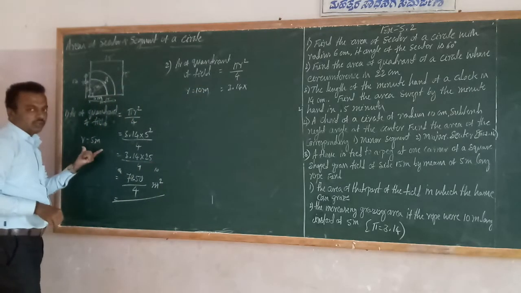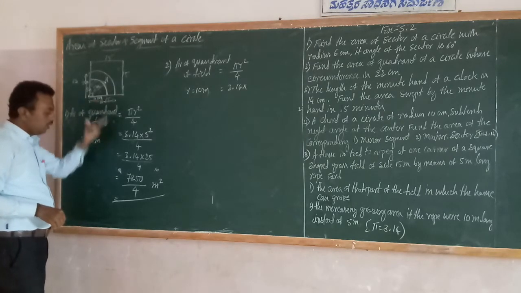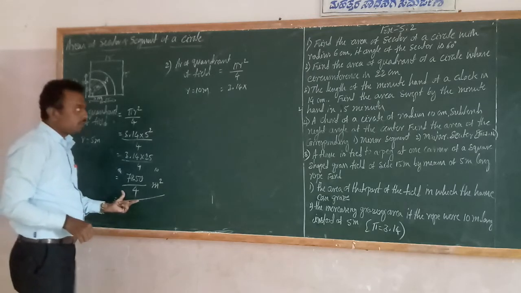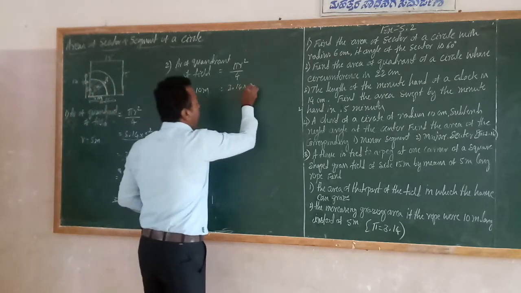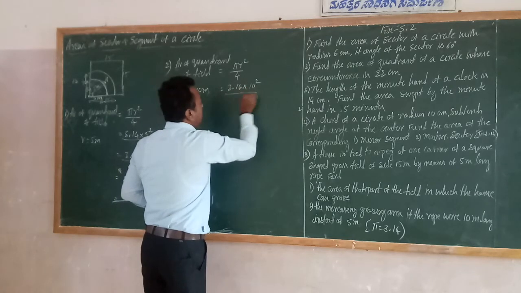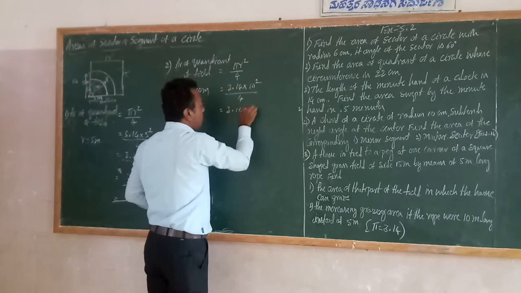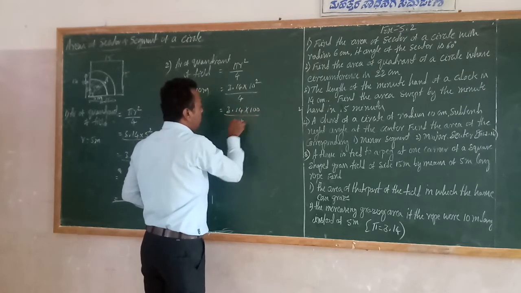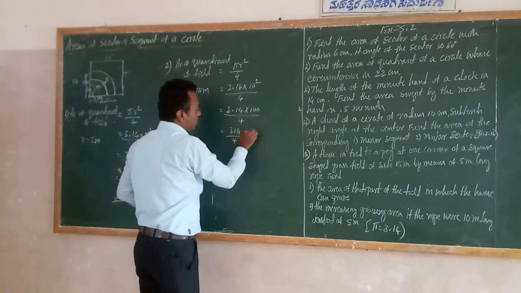With a 5 meter rope the horse grazes that much area; with a 10 meter rope it is a little more. 3.14 into 10 square divided by 4, so 3.14 into 100 by 4, so 314 by 4 meter square.